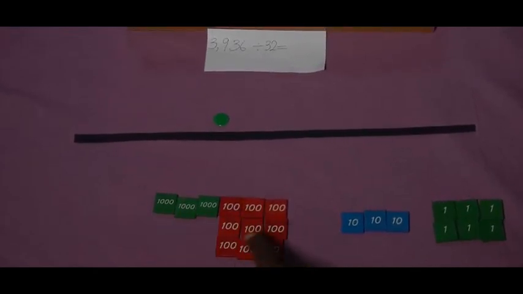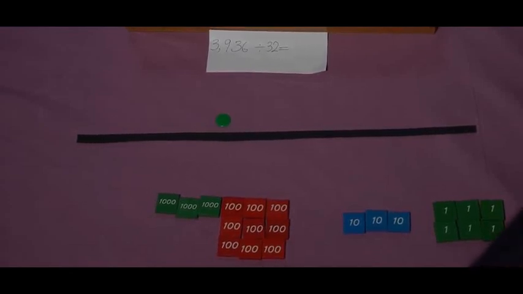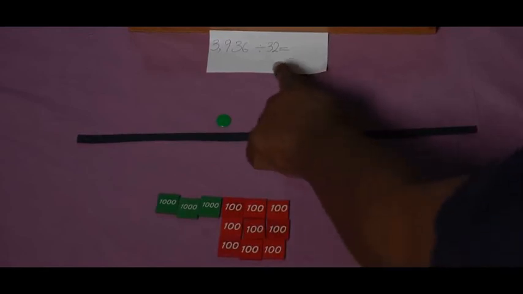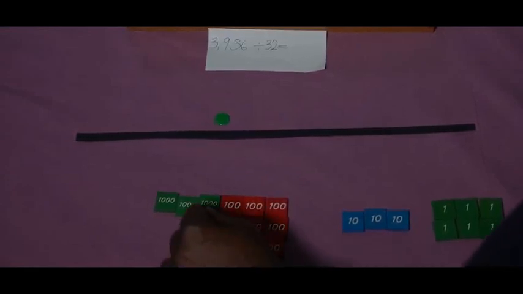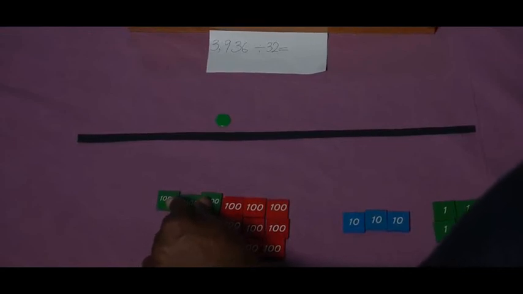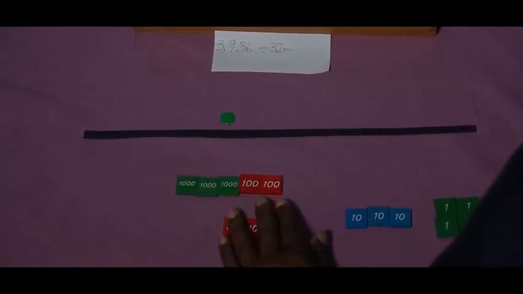Now I have 39 hundreds. How many groups of 32 can I make out of my hundreds? Here 39 hundreds. So let's do that. This one group of 32 hundreds.